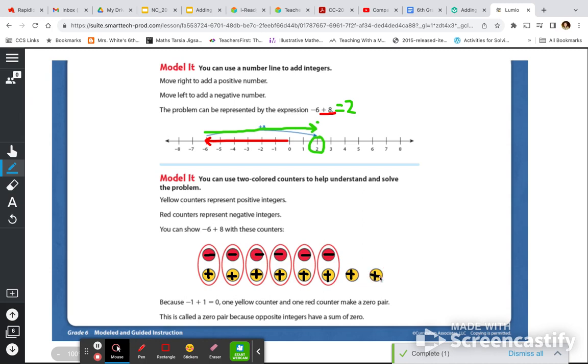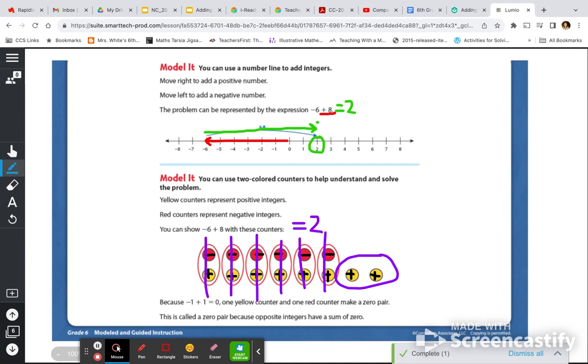Okay. So now what happens when I combine those? Well, we know when we have a matching pair, they cancel each other out. So a negative and a positive can cancel. Cancel, cancel, keep going. And what am I left with? 2 positives. So that would be positive 2. Okay, that's what I'm left with when I have negative 6 plus 8.